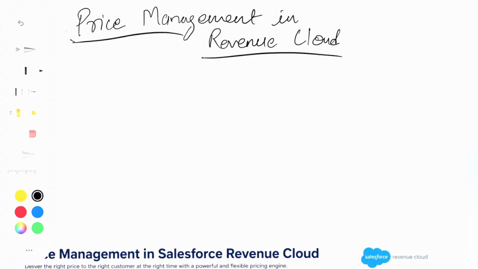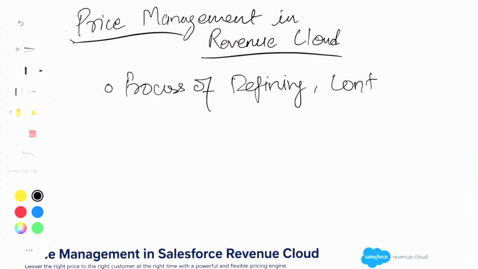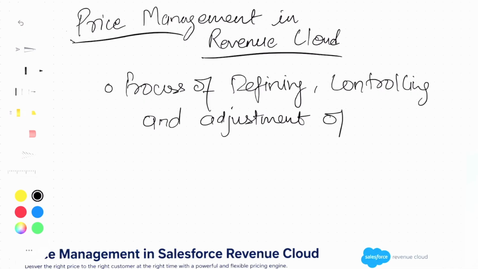This is called price management. So the first question arises: what is price management in Revenue Cloud? Price management is a process of defining, controlling, and adjustment of product prices.